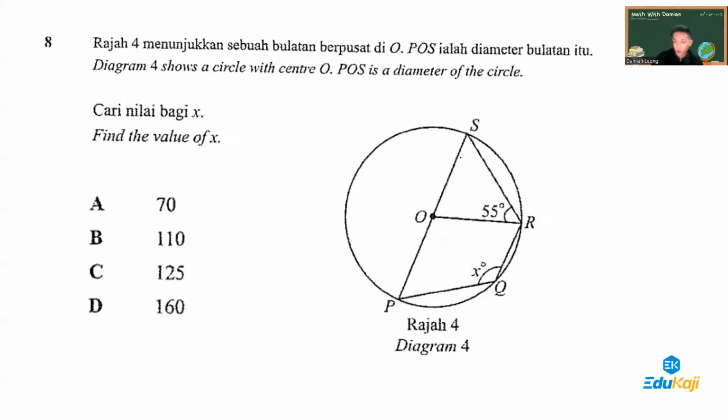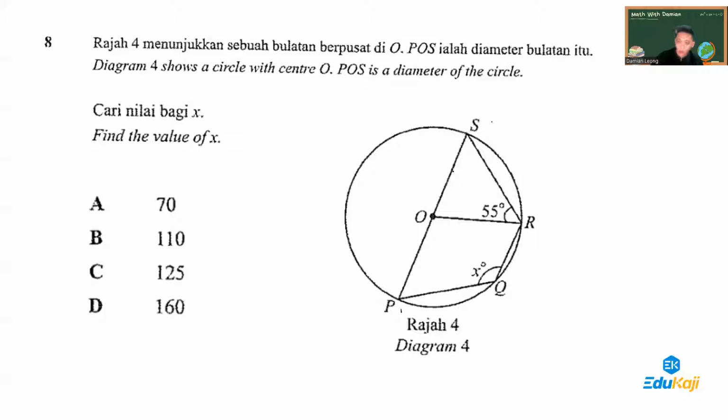Cyclic quadrilateral works for this whole shape, PQRS. So what we can do instead is look at triangle ORS.